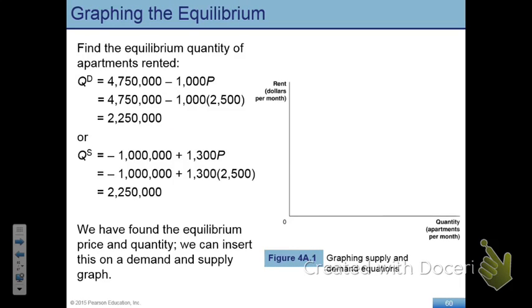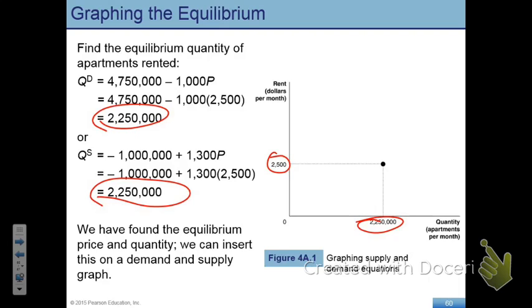If we substitute the value of P in our demand function, we find that our quantity demanded is 2,200, this big number. When we substitute that back in our supply curve, we find that the quantity supplied is identical to quantity demanded. So we have indeed found the market equilibrium quantity. So we have found market equilibrium price, 2,500. We have found market equilibrium quantity.